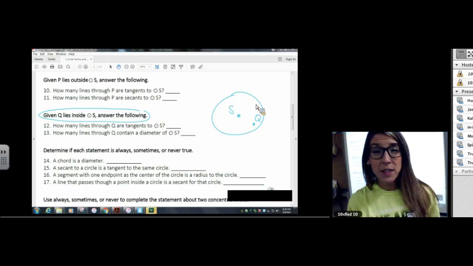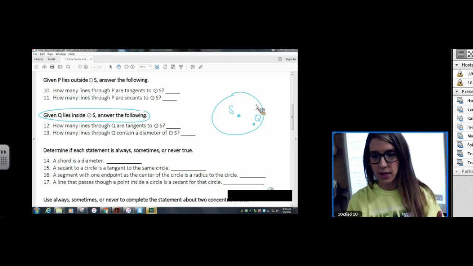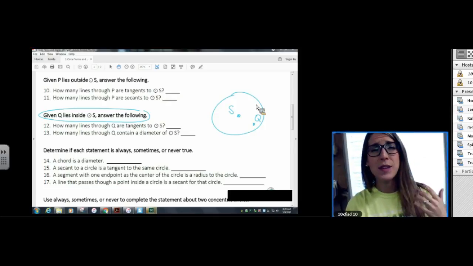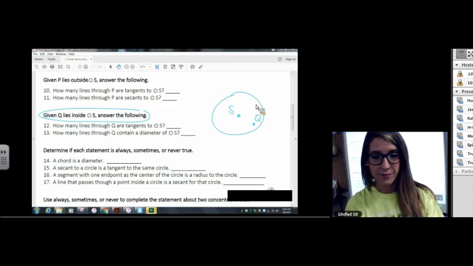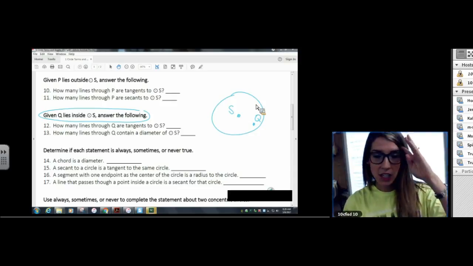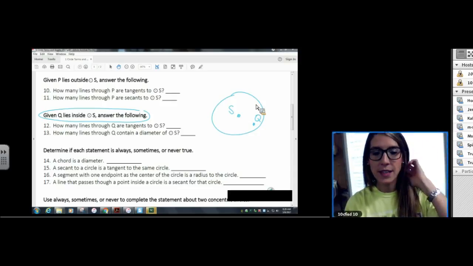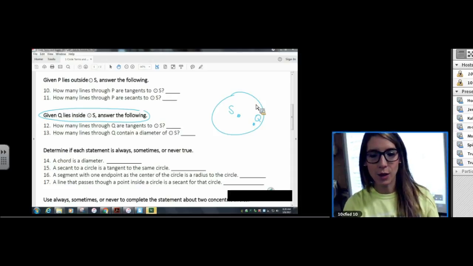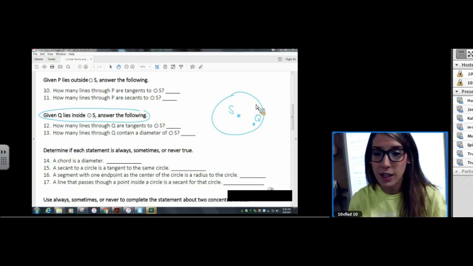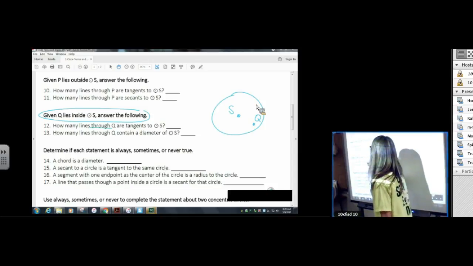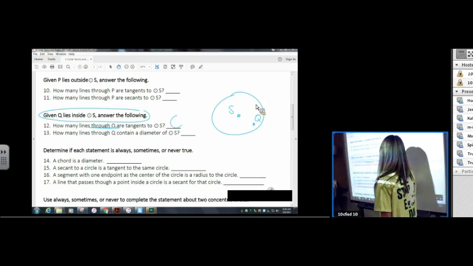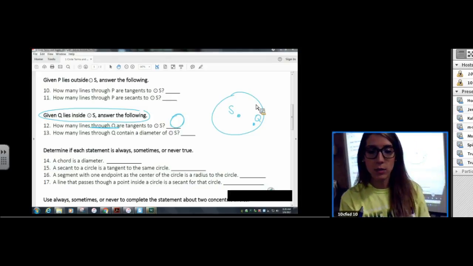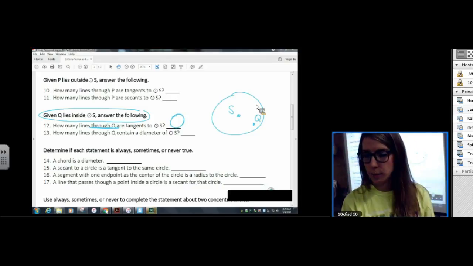First, let's ask ourselves: does a tangent line ever pass through the interior of a circle? Always, sometimes, or never? Never. A tangent line cannot go through the interior because then it would intersect the circle twice. So if Q is in the interior and I need to go through Q, that's impossible. 0 lines go through Q and are tangent to the circle.